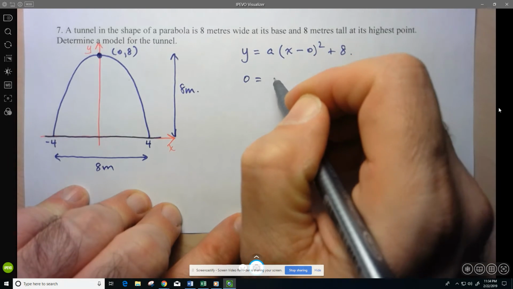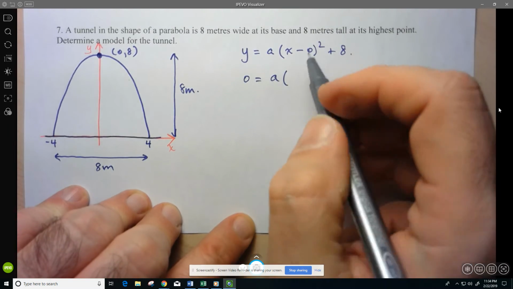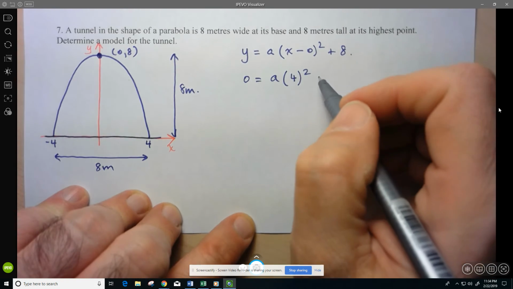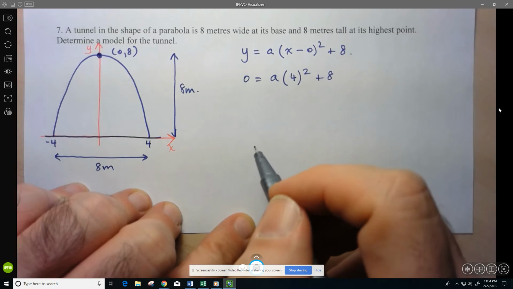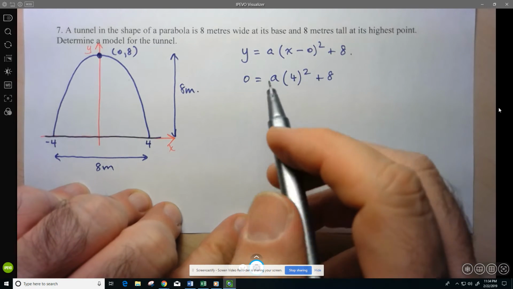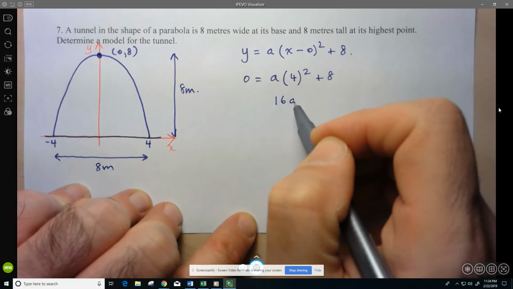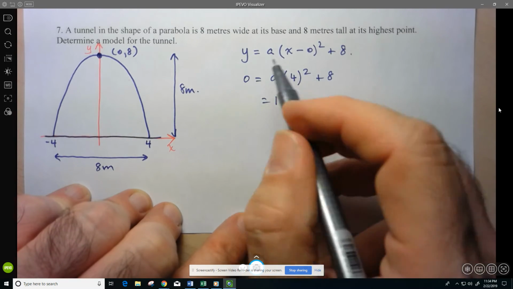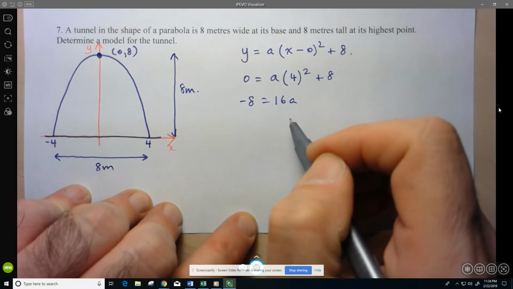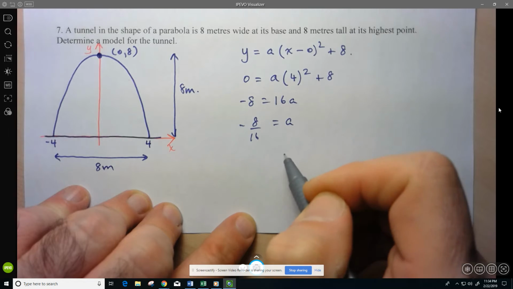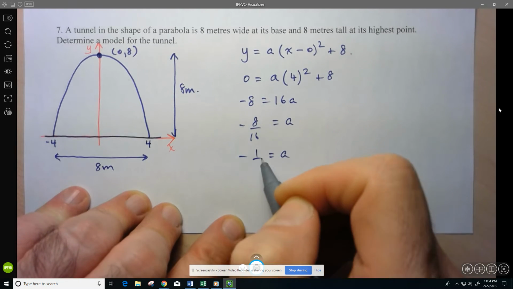So 0 equals a times 4 minus 0, which is just 4, squared, plus 8, and the only thing left to solve for is a. On the right-hand side, 4 squared is 16, so 16a. The plus 8 I bring to the other side, where it becomes minus 8, and so a is just equal to -8 over 16, or -1/2.